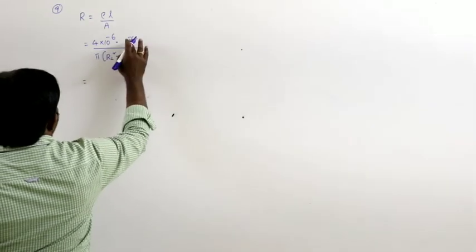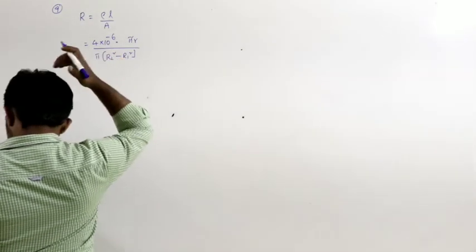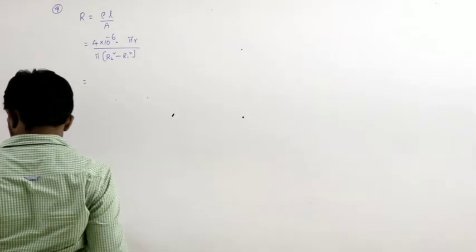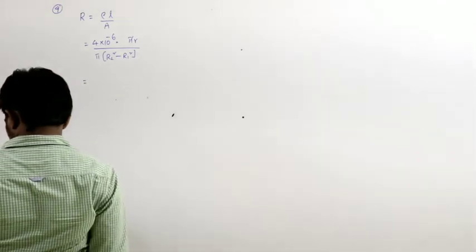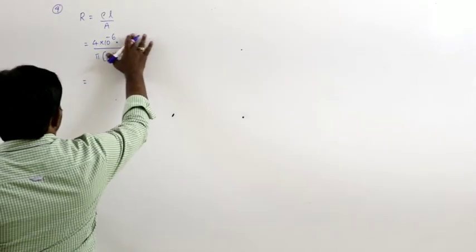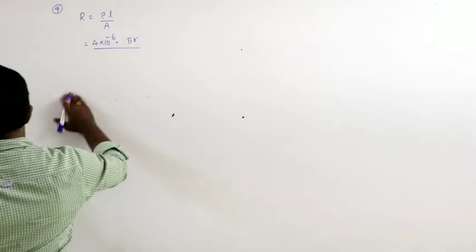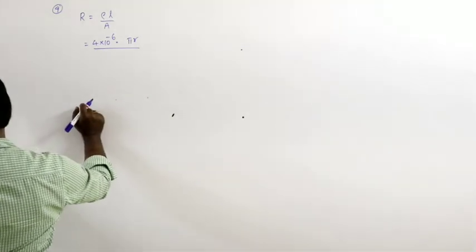So the length is considered as pi r here, and then the area of cross section. What is the area of cross section here?